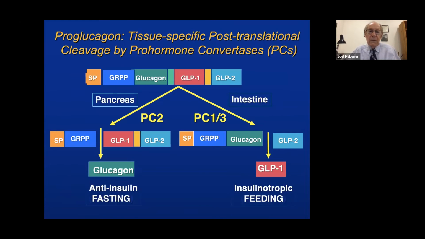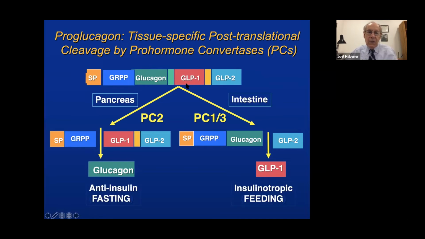So what the peptide analyses by chromatography and immunoassay detection showed us was that there's a tissue-specific post-translational cleavage by endopeptidases called prohormone convertases.